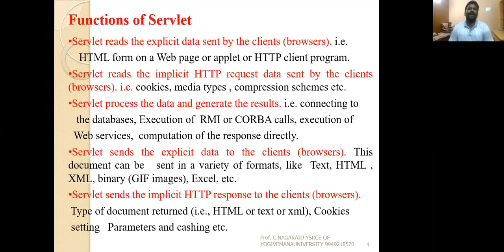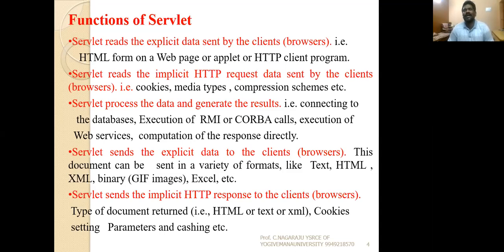In the second step, the servlet reads the implicit HTTP request data sent by the client, that is cookies, media types, compression schemes, etc. Implicit data means the system is sending this data, but not the users.